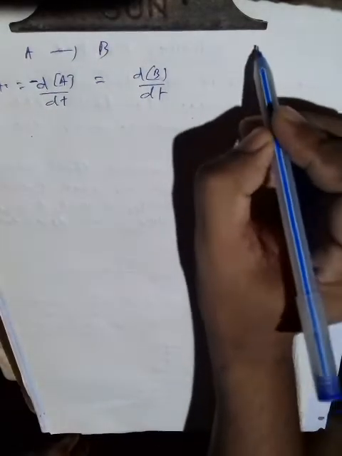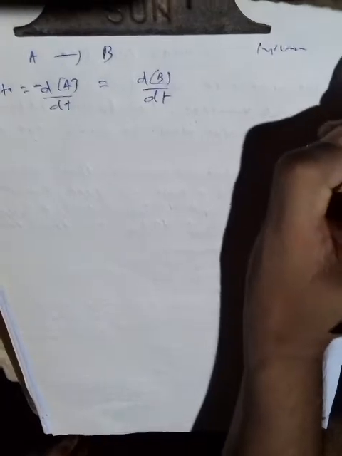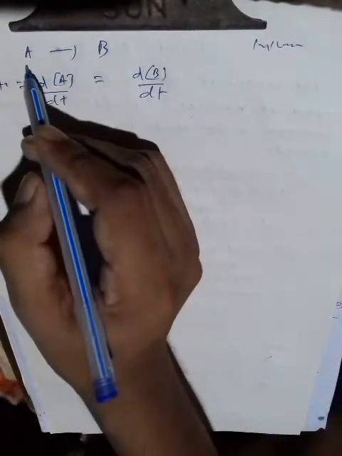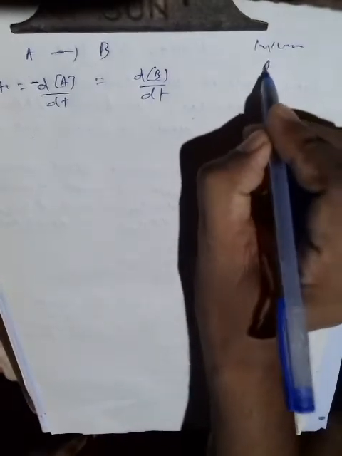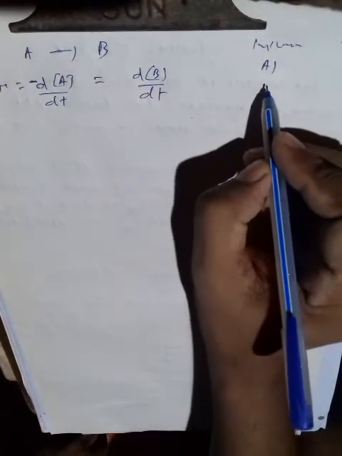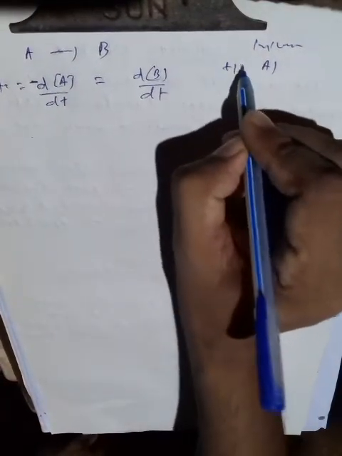Suppose this is the initial concentration and this is the final. Before the start of the reaction, the initial concentration of A is suppose A1, and the product is 0 because product has not formed. This is at time t1.